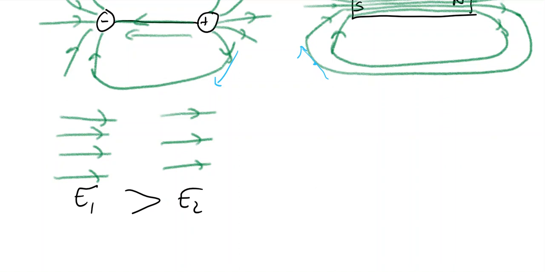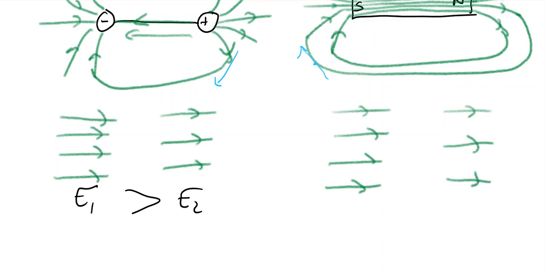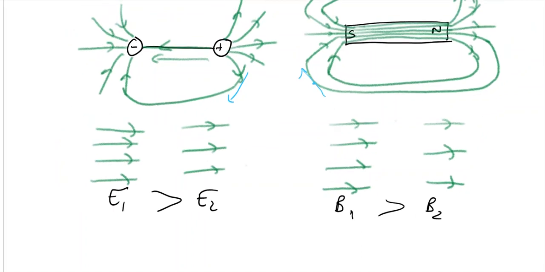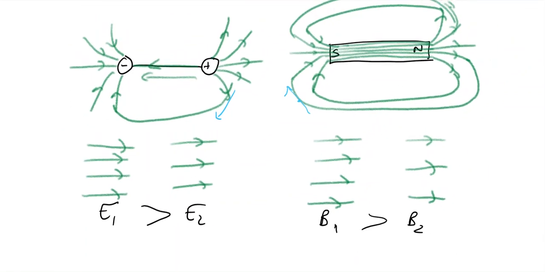Similarly, in magnetism also, we can say that if field lines are equidistant and parallel, then it is indicating uniform magnetic field. See, if you consider these two magnetic fields, magnetic field is normally symbolized by B. So B1 is greater than B2. So there are similarities between electric dipole and magnetic dipole.